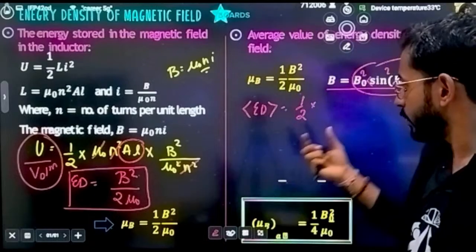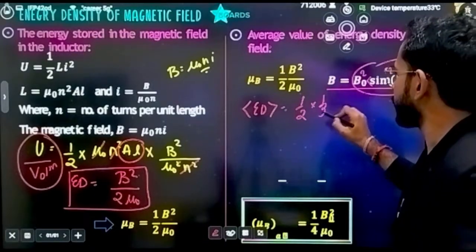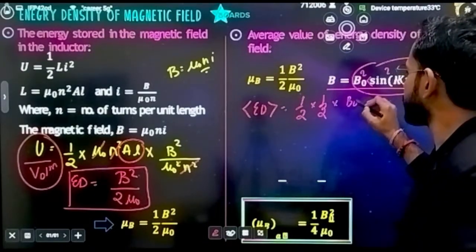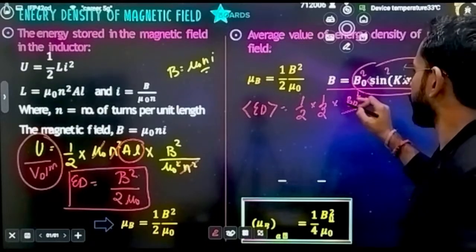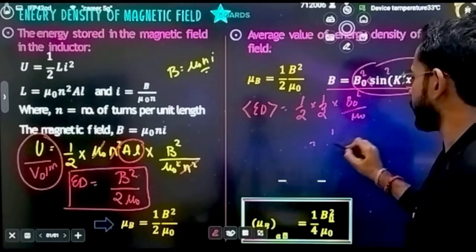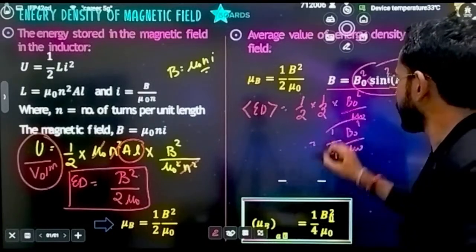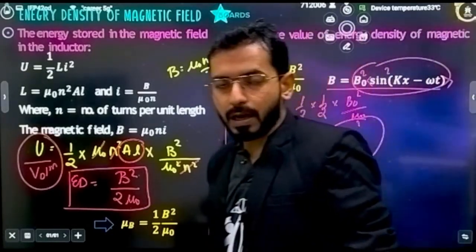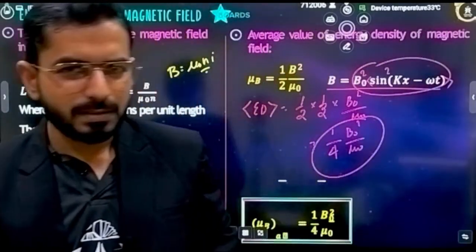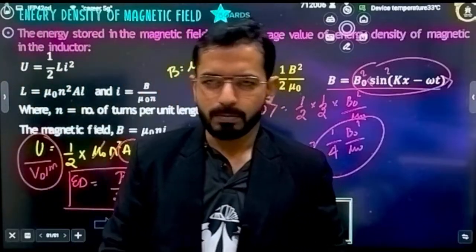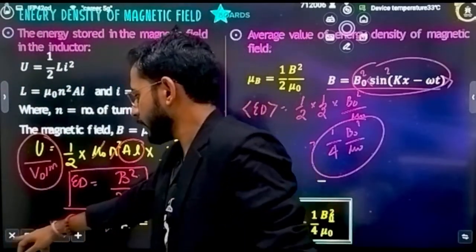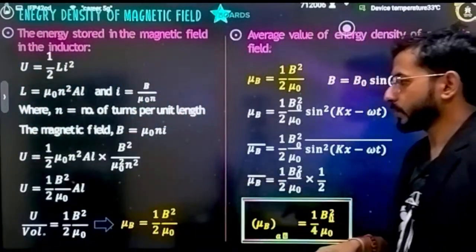It will become half. That means there is one more factor of half, and it is B naught square divided by mu naught. There is already a half, so it will again become 1 by 4 B naught square divided by mu naught. These are, I will say, not 4 results. This is only 2 results that you have to remember. It will be fine for all your questions. Because many times questions come from energy density, so you should be knowing about it. Clear?